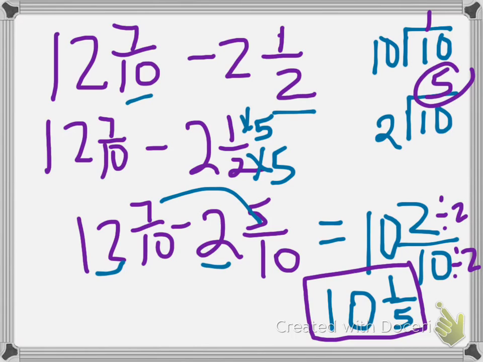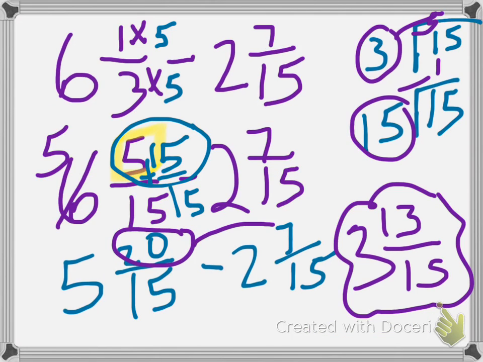After we did that, we subtracted. And then we simplified over here. Got 10 and 1/5. Then our next problem, we had to regroup because 7 was too big to subtract from 5, so we borrowed from 6. Change this into 20 over 15. All right, so that's your lesson.